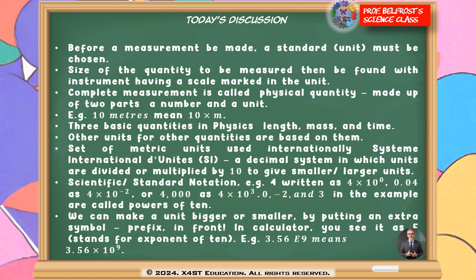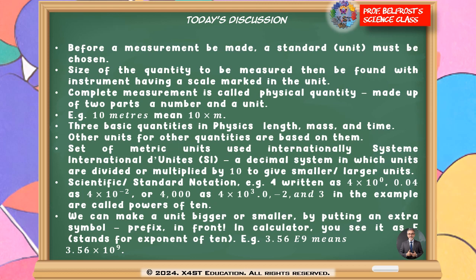Okay, so the size of the quantity to be measured is found with an instrument having a scale marked in the unit. A complete measurement is called a physical quantity. It is made up of 2 parts, a number and a unit. For example, 10 meters basically means 10 times meter. So meter is just the unit, 1 meter. You can imagine it like a variable.